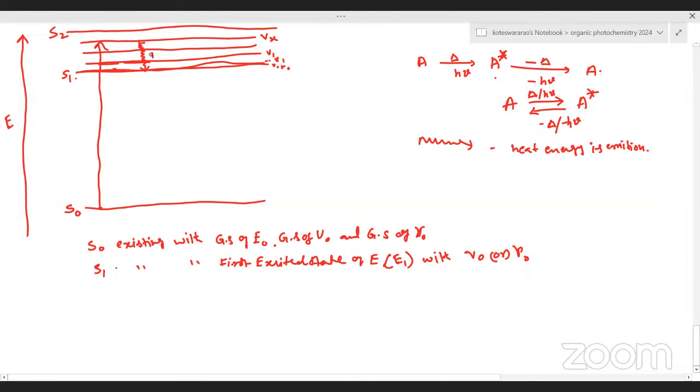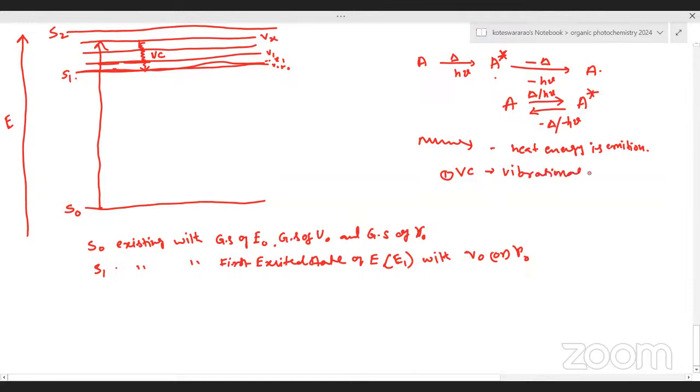Now, what is this called? This is called vibrational cascade. What is VC? The first deactivation, from some vibrational level to another vibrational level, is called vibrational cascade.